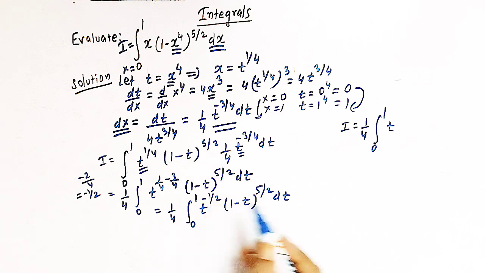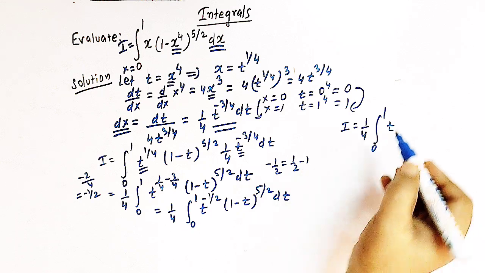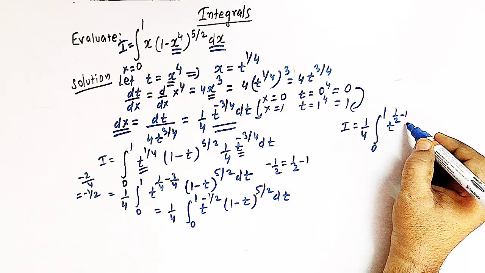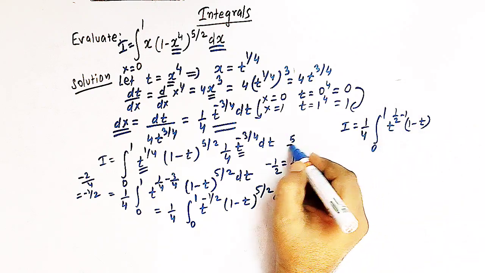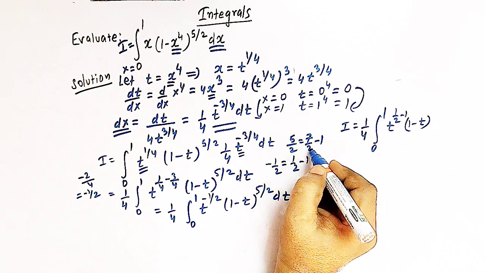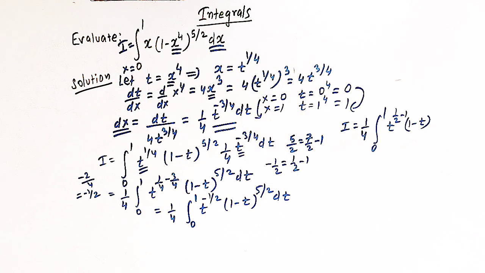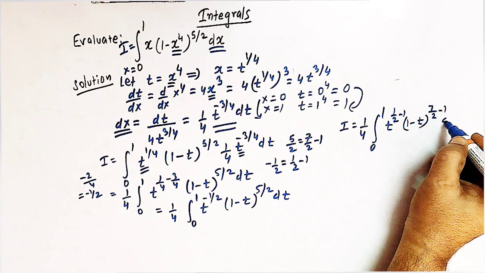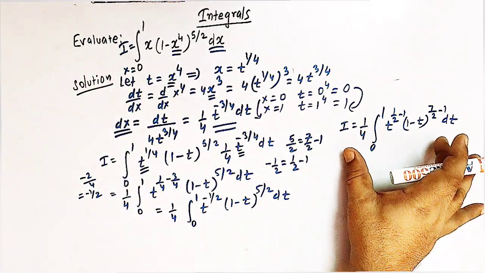Now see, minus half can be written as half minus 1. So here we write t^(1/2 - 1), and then we have (1 minus t) raised to 5/2, and 5/2 can be written as 7/2 minus 1, because 7/2 minus 1 is (7 minus 2)/2, that is 5/2. So here we can write (1 minus t)^(7/2 - 1) dt. So our integral I can now be written like this.